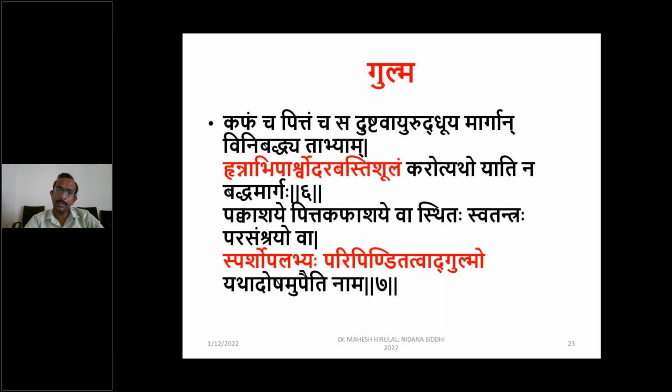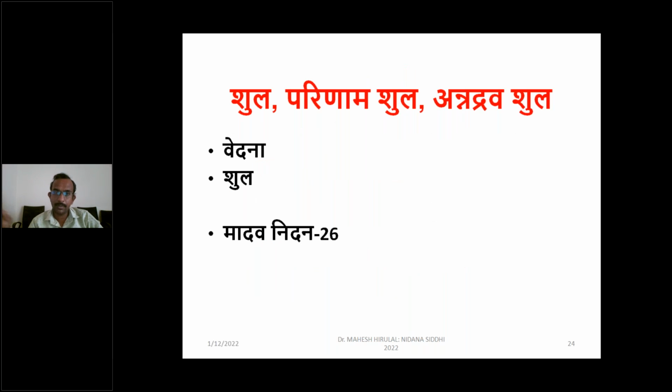So it is Shula pradhana; without the Vata, there will not be the Gulma, and it is Parsha Upalabhyate Paripindatvat. A simile is given for the Gulma as of the herb. It will be deep rooted, there will be the Sparsha Upalabhyate, and the person will have the Shula. So the same thing is taken out and made into the Shula, Parinama Shula, and Annadrava Shula.